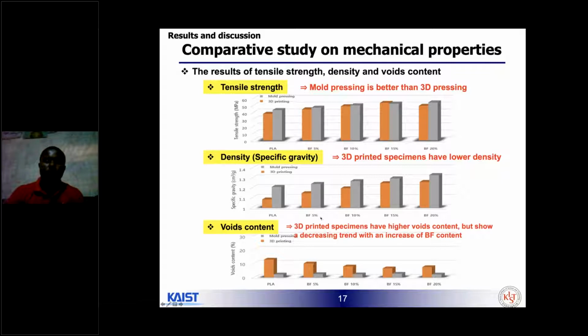3D printed samples have higher void content, but show a decreasing trend with an increase of budget fiber content. Due to the presence of void, the density of the 3D printed sample was lower than that of the mold process sample.